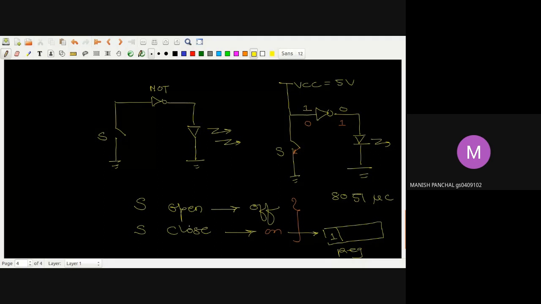Now again, if my switch is open, what will happen? This register will take some time to reflect the correct scenario. Previously it was 1, and it still contains the 1, unless and until some steady state condition is achieved.